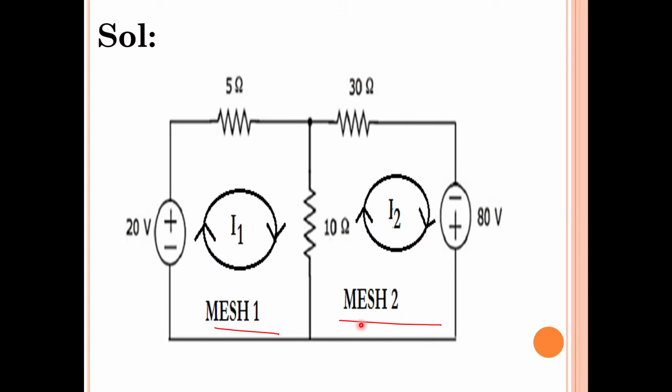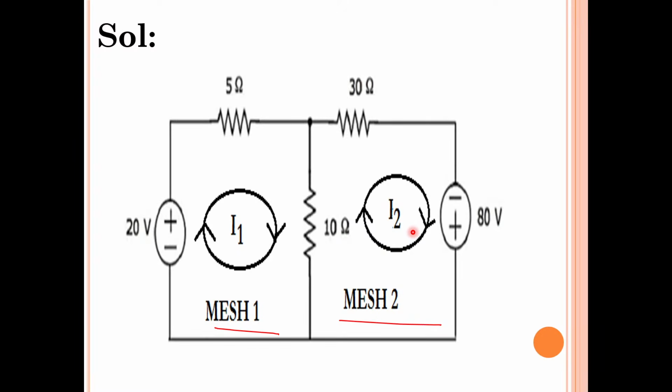So here two meshes are there. Since two meshes are there, I have considered two mesh currents, I1 and I2, and I have assumed both clockwise. Whatever circuit you have for the numerical problem, you write the solution, but it's better if you redraw the circuit.